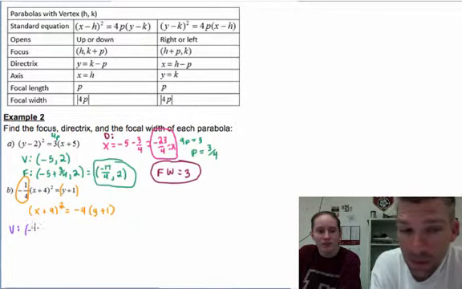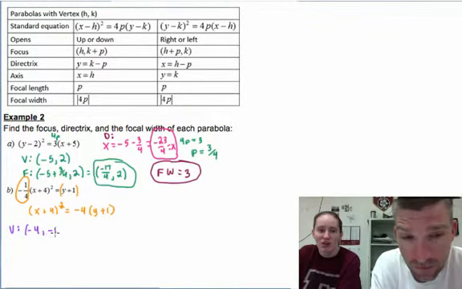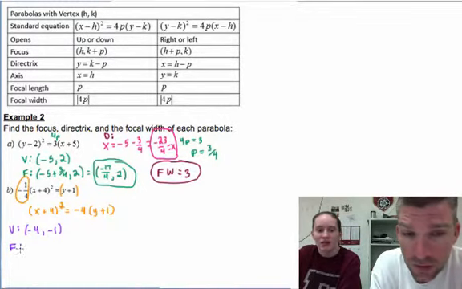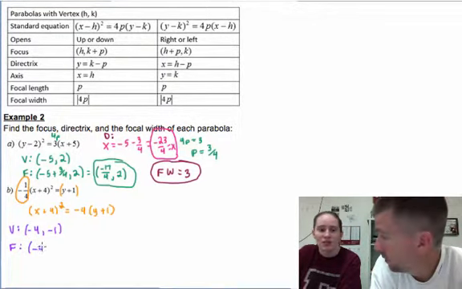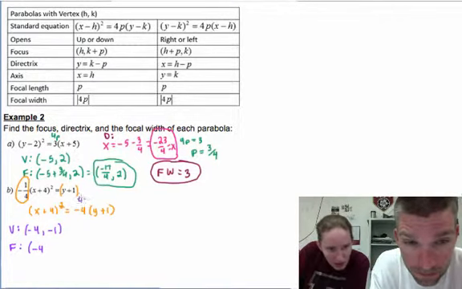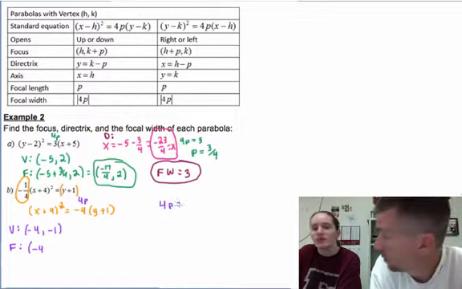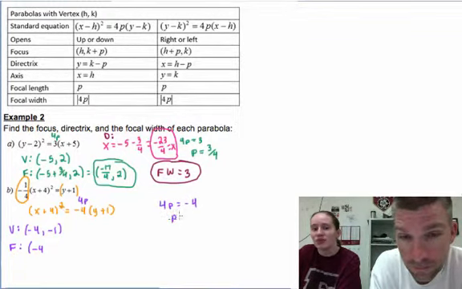Remember, x goes with x, and y goes with y every single time, and the super secret opposite society. Okay, our focus. Now we're on the first column, so we're going to add to our y. We've got to find p. This is 4p. 4p equals negative 4, so p is negative 1, because you divide both sides by 4.